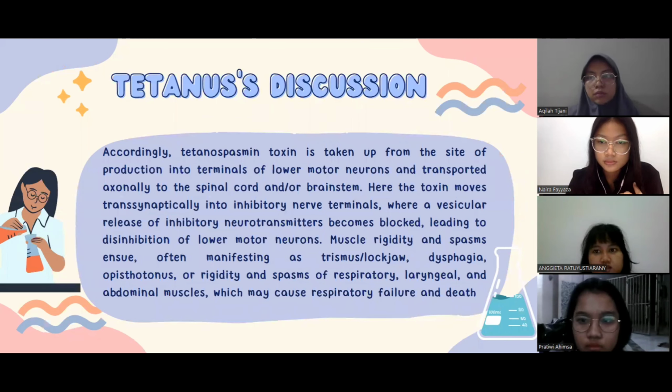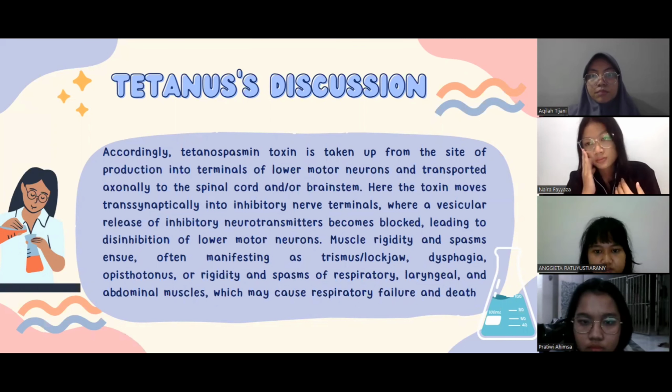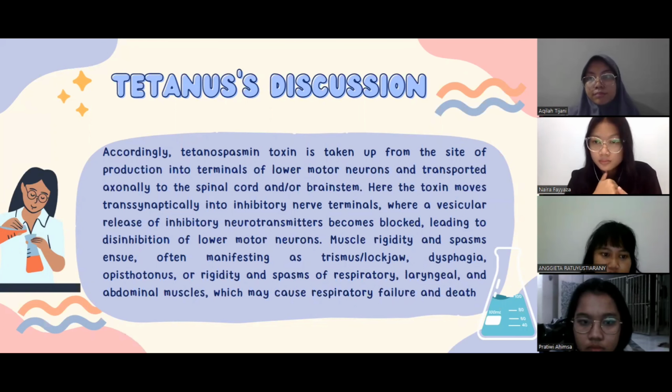Okay, the tetanus discussion from our group. Currently, tetanus toxin is taken up from the site of production into terminals of lower motor neurons and transferred axonally to the spinal cord or the brainstem. Here, the toxin moves synaptically into the inhibitory nerve terminals, where the vesicular release of inhibitory neurotransmitters becomes blocked, leading to disinhibition of lower motor neurons.